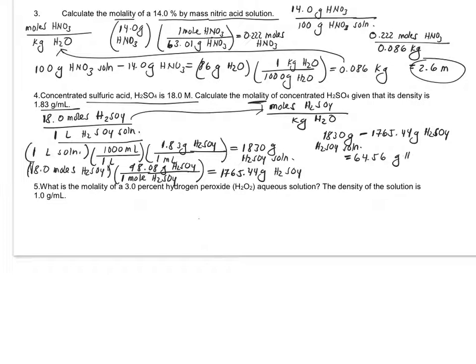64.56 grams of water. Now I need to convert that to kilograms by dividing by 1,000.